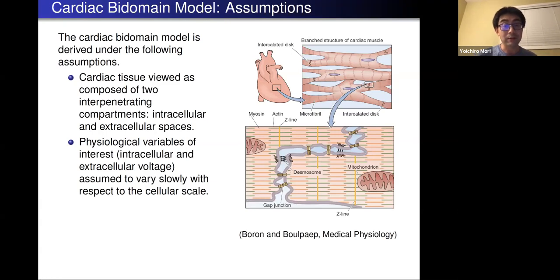The physiological variables of interest, the variables in the mathematical equations that we will be looking at later on, are the intracellular and extracellular voltages, the voltages inside and outside the cell.